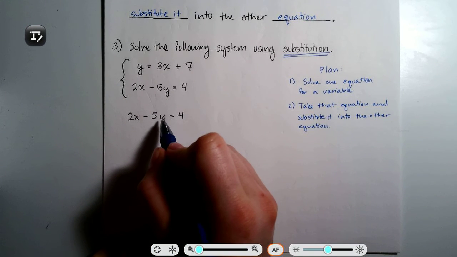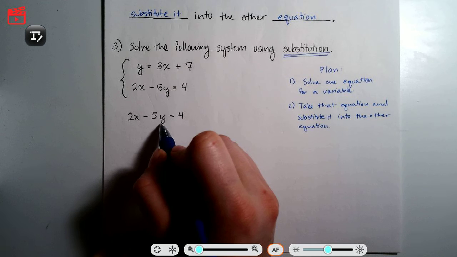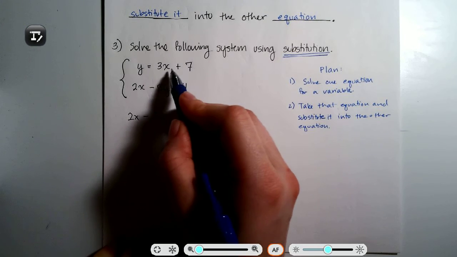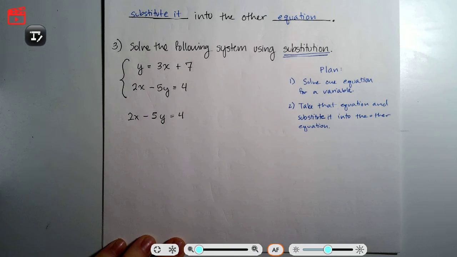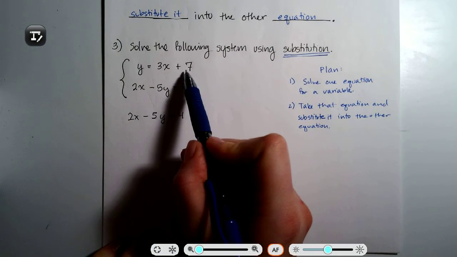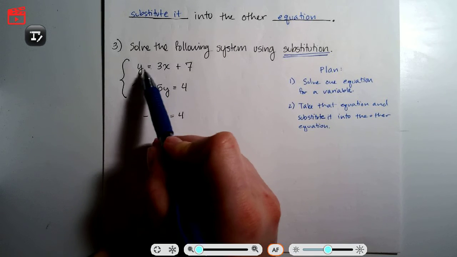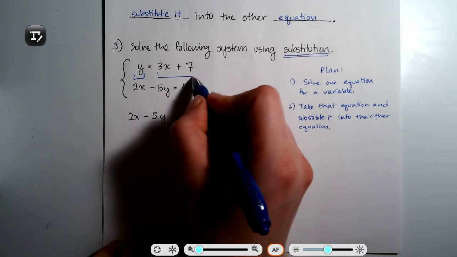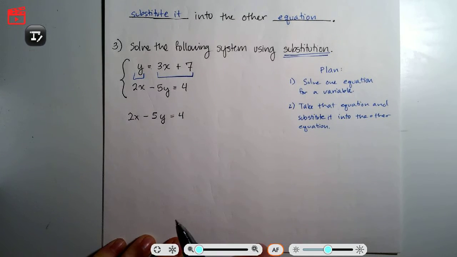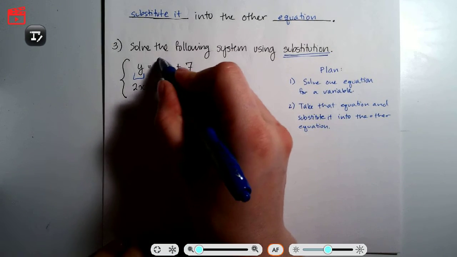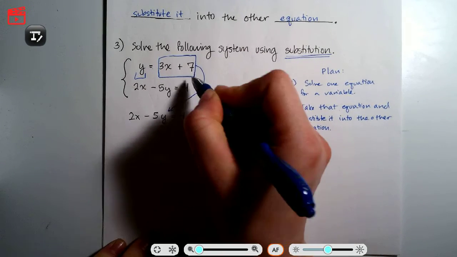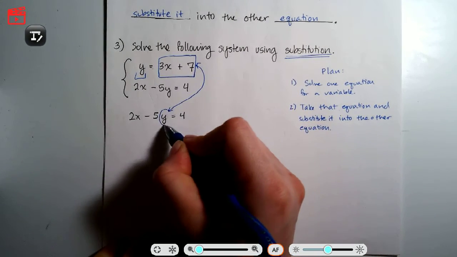See this y right here? I am going to take this and replace it with 3x plus 7. And that's not going to change my equation at all because, remember, 3x plus 7 is the same thing as y. These guys are both equal. y is equal to 3x plus 7. So I'm going to take 3x plus 7 and swap it out with where y is.